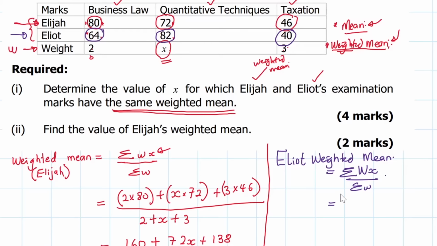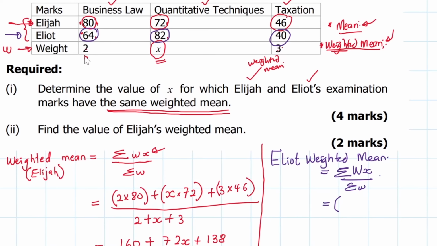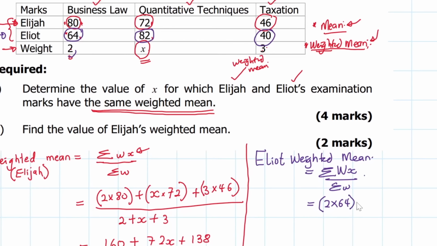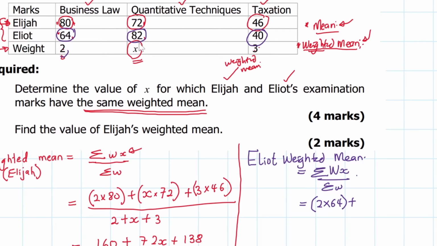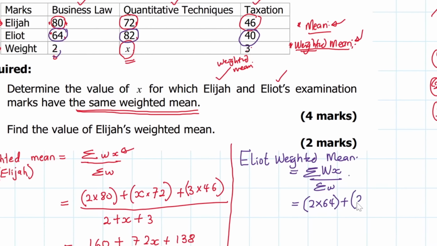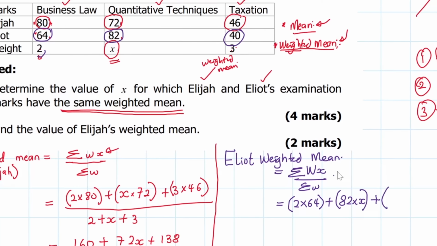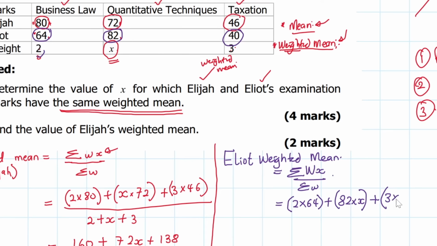So it's going to be the weight 2 times 64, plus x times 82, whatever the order, plus 3 times 40, divided by the total weights, which is 2 plus x plus 3.